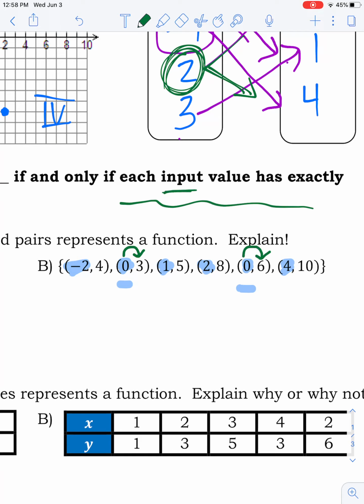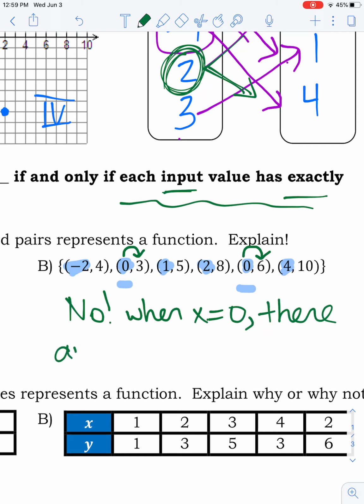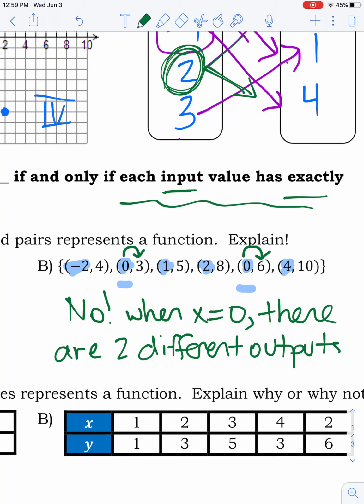So does each input have exactly one output? No. This is not a function because each input does not have exactly one output. When the input is 0 or x is equal to 0, there are two different y's or two different outputs, and that is a 3 and a 6.